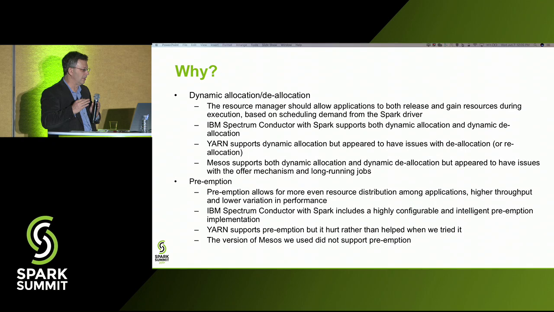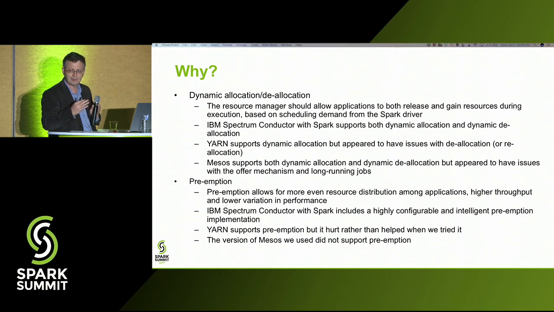right? If you look into Yarn, again, we are not experts in Yarn, but it looks like something is wrong, because you think this case number 4 is a tail, as Peter said, but actually it's with preemption turned off, because with preemption turned on, it was worse. The runtime was worse than with preemption turned off. And for the version which we used, it was not supporting preemption at all, right?